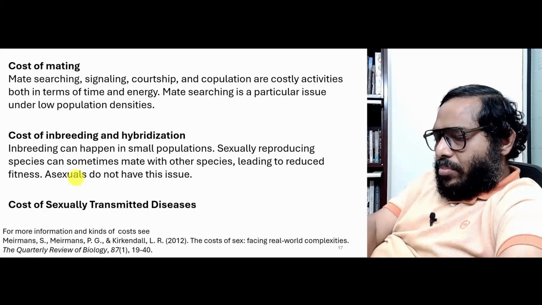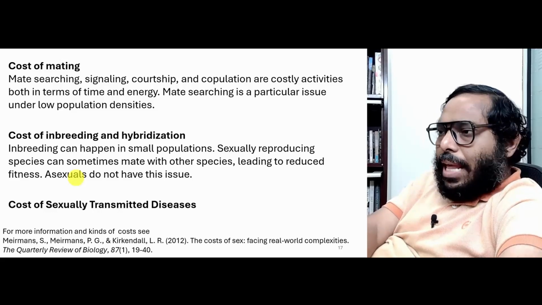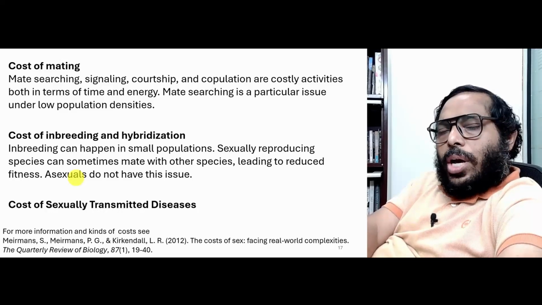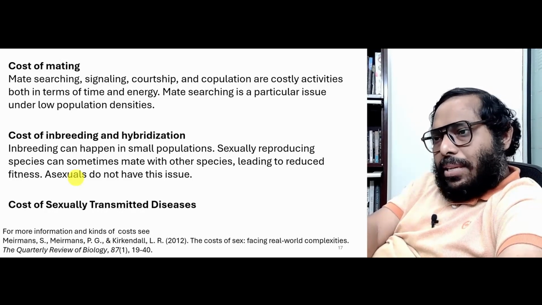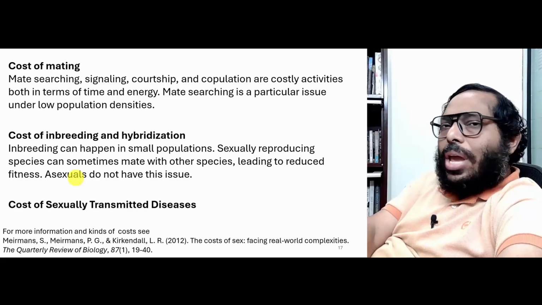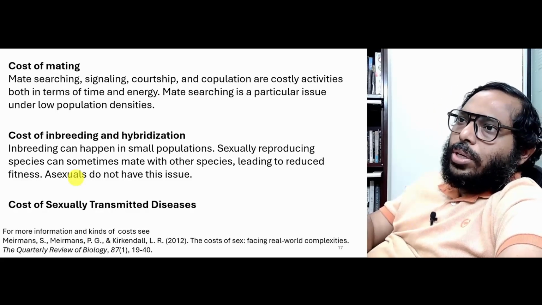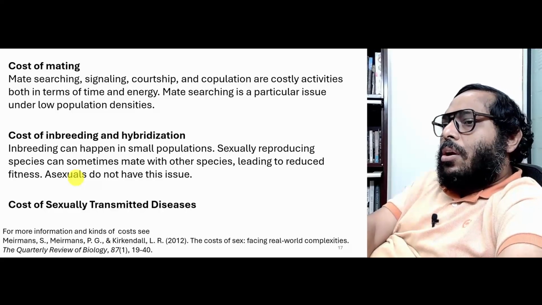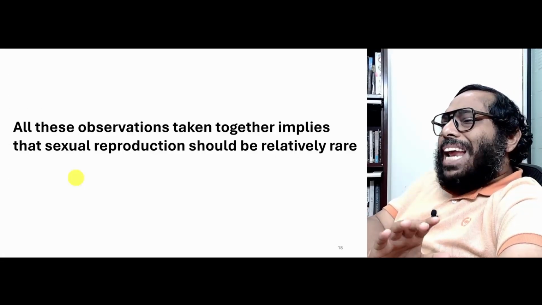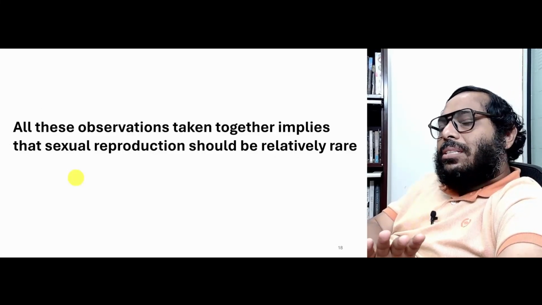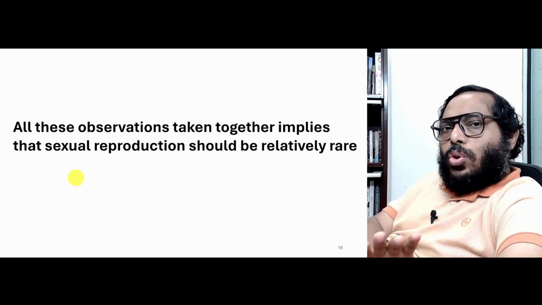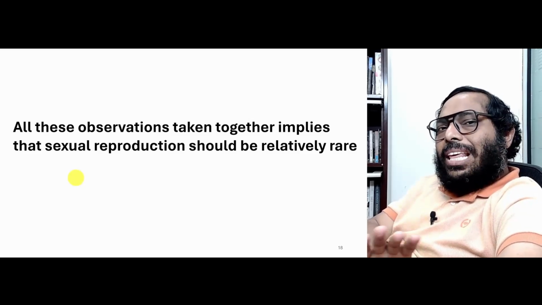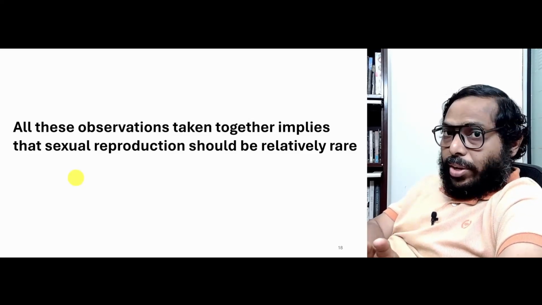So, given that sexual reproduction is so expensive, and there are so many ways in which sexually reproducing organisms have to pay these extra costs, it stands to reason that sexual reproduction should be one of the most rare things in the living world.